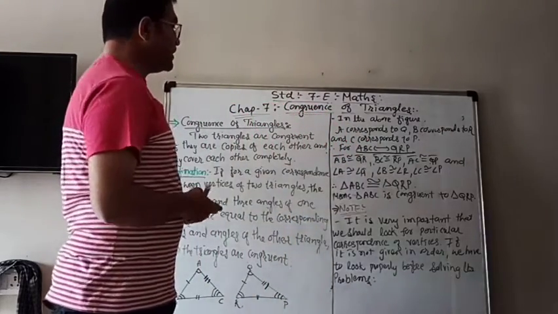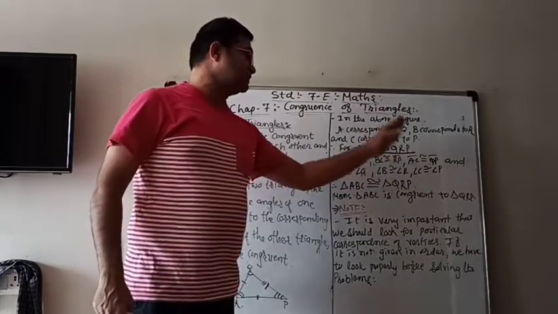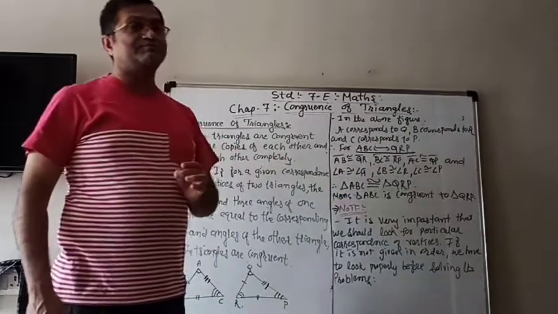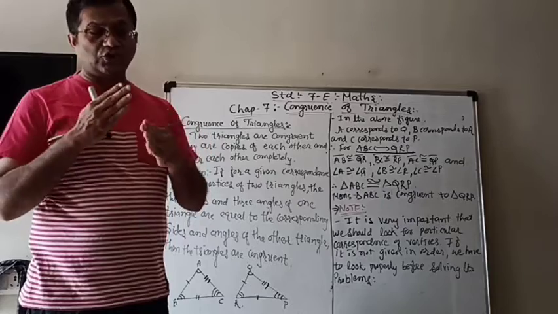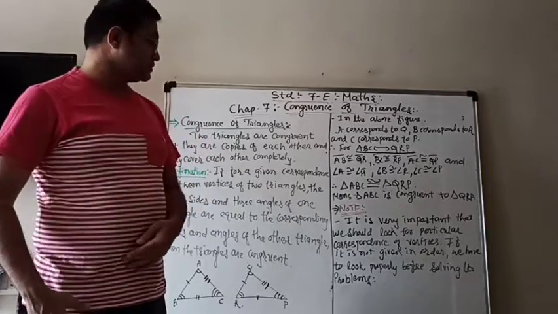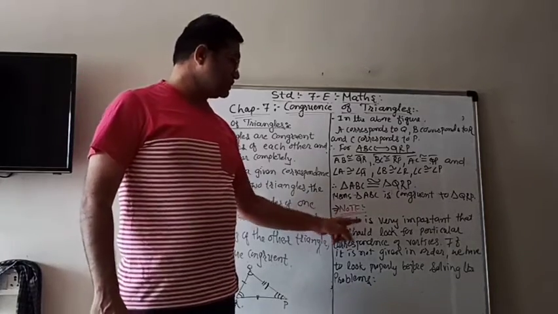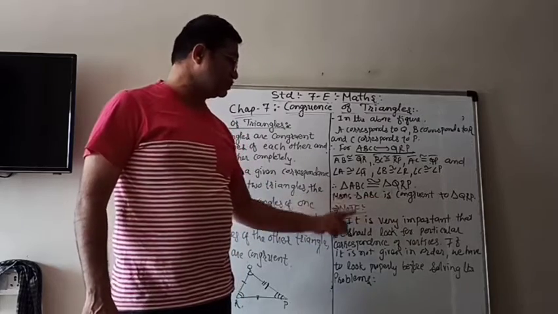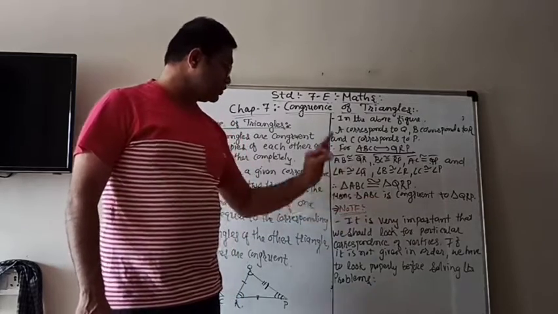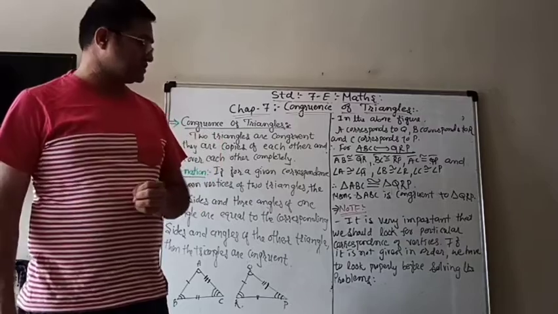So here triangle ABC is congruent to triangle QRP, because we have to check the correspondence. And as I told you, it is very important that we look for the particular correspondence of vertices.